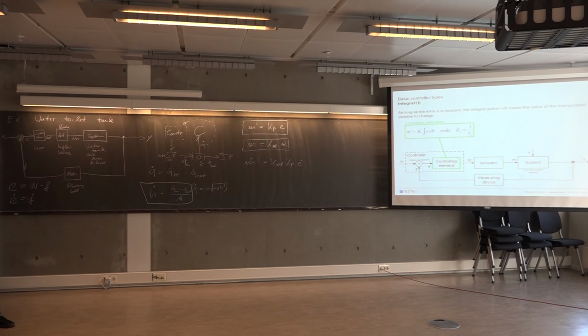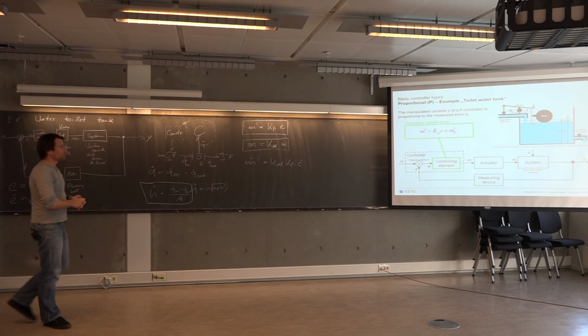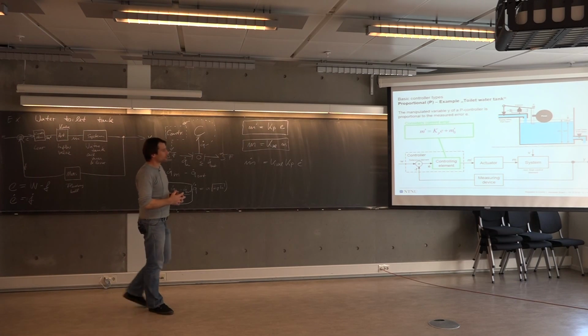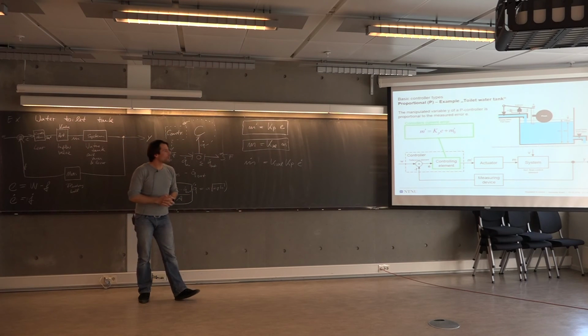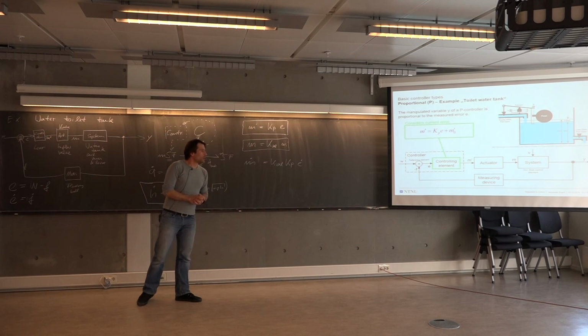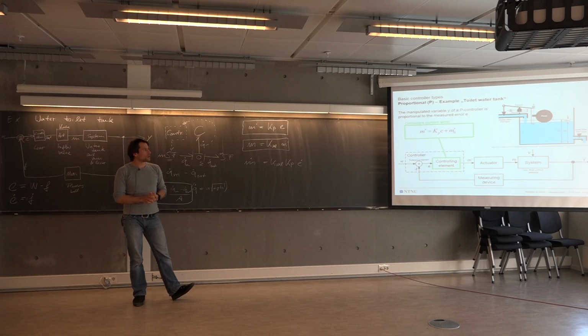On the other hand, this P-controller is fairly simple and straightforward, so it's being used in many cases, especially in the mechanical world, as mentioned. And it's especially used where this offset doesn't really matter.